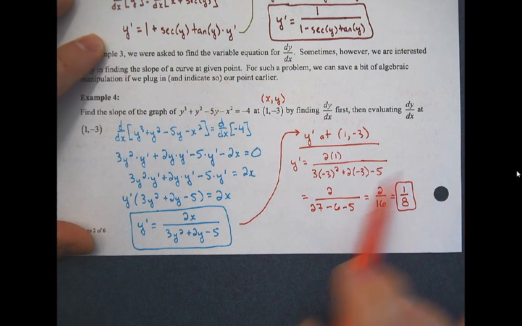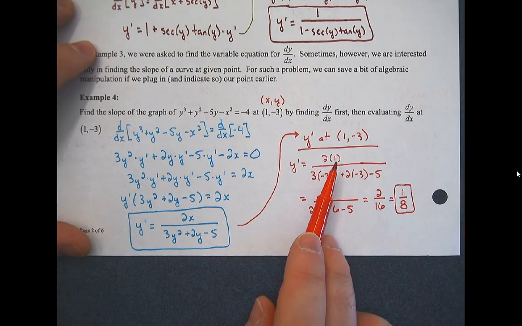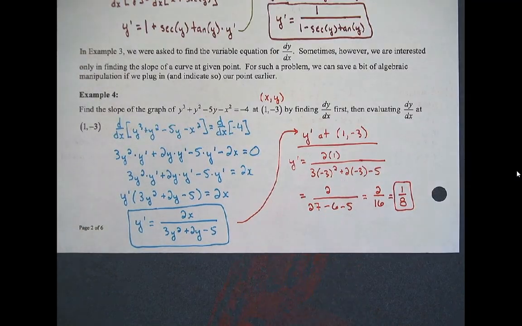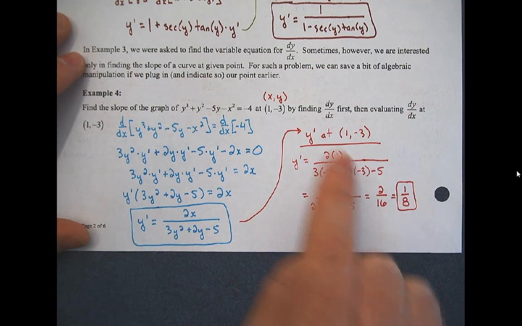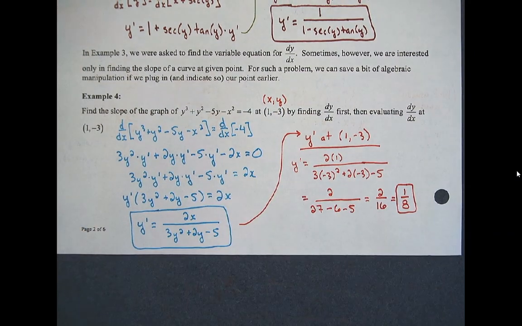Now, what's cool, if this was a free response, you could have stopped right here. Okay, so what is the slope of the graph at (1, -3)? This tangent line has a slope of 1/8 at x equals 1 and y equals -3.